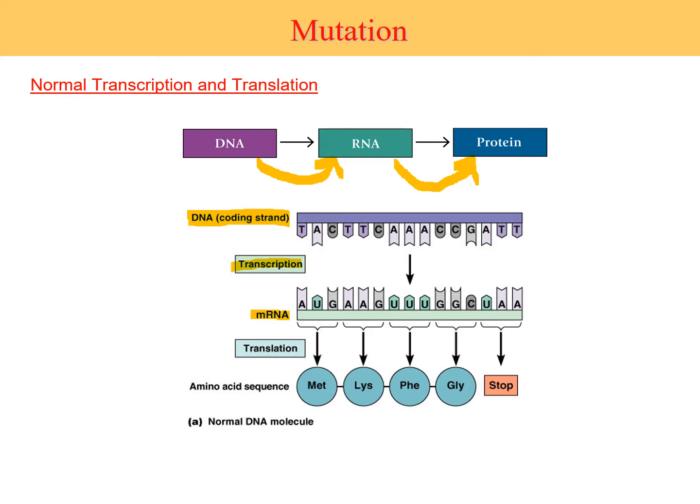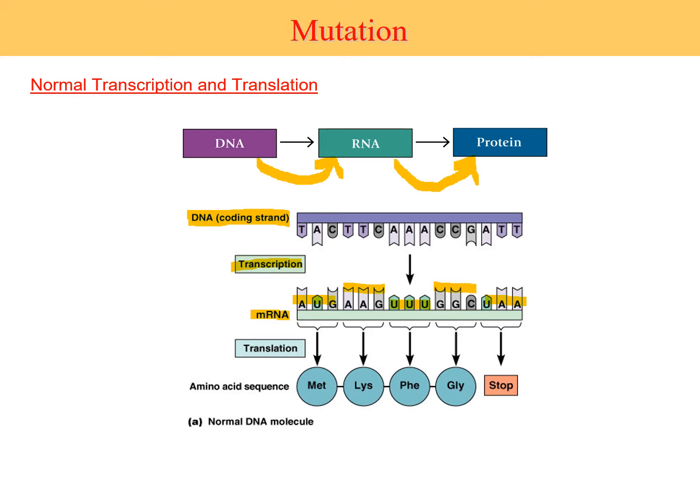As you know, the information is arranged in codons, 3 nucleotides long, and if there is a mistake in a single nucleotide, it can change one of the amino acids because it changes a codon.